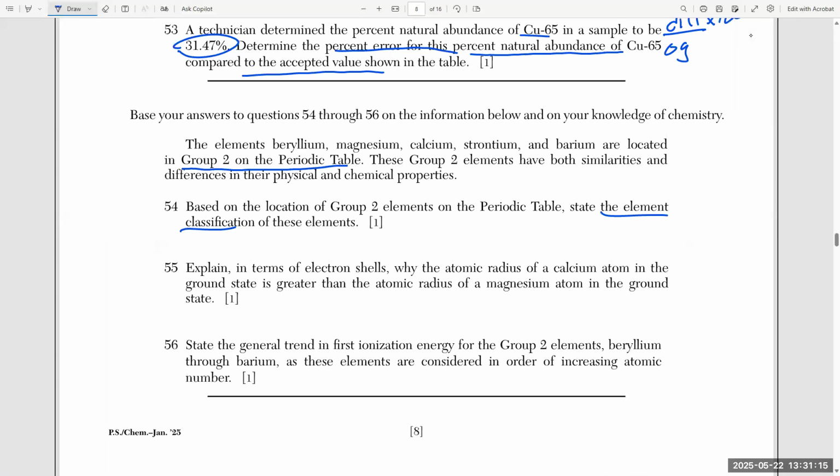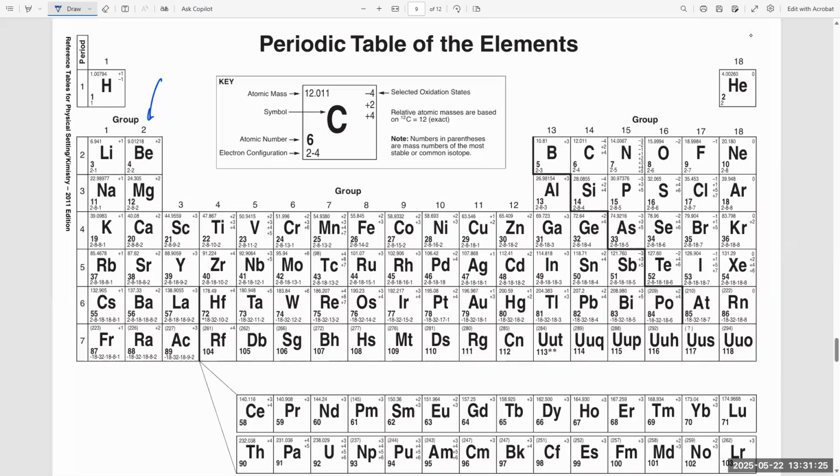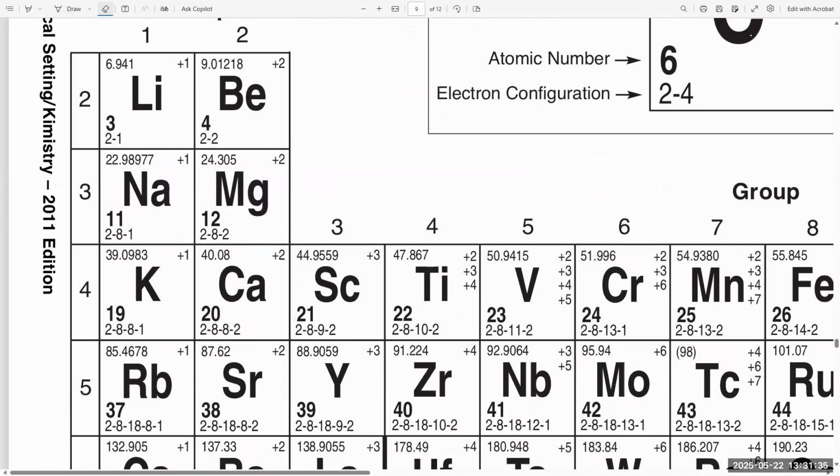55. Explain in terms of electron shells why the atomic radius of calcium is greater than the atomic radius of magnesium. Let's take a look. Calcium is here, magnesium is here. So what do we know about this? Well, it's easy. If you look at the electron configuration, what do we notice? We notice that calcium has one extra shell compared to that of magnesium, right?